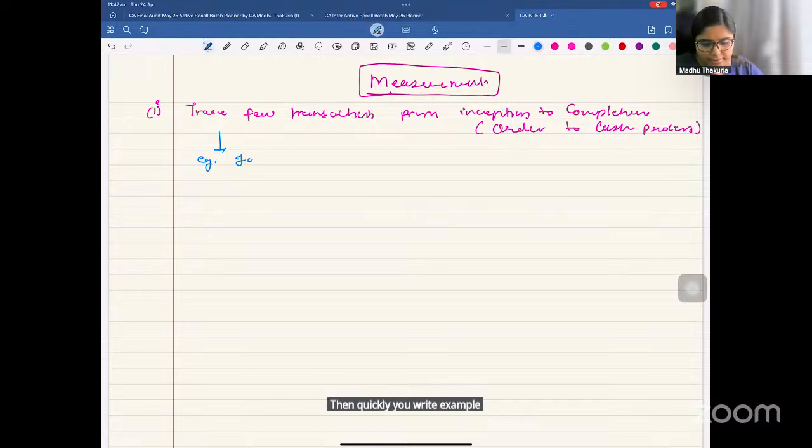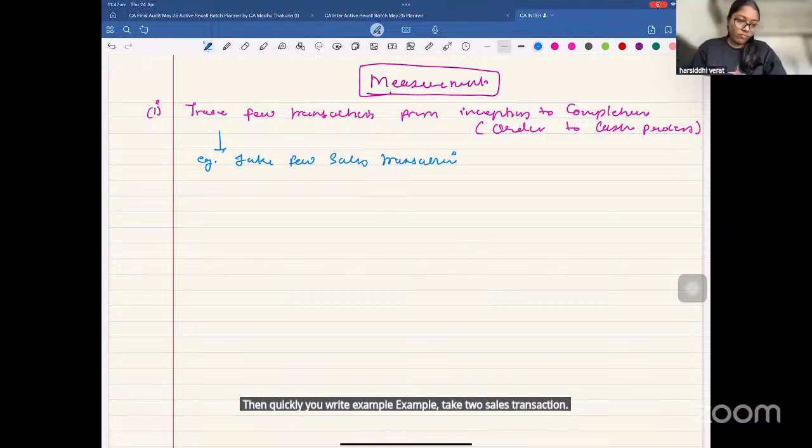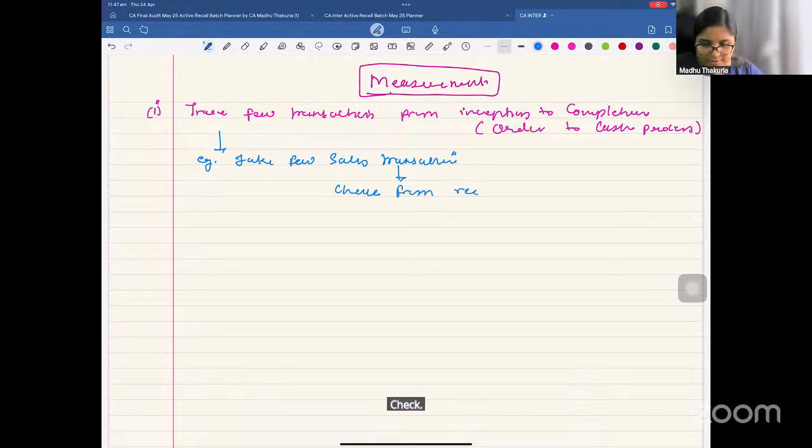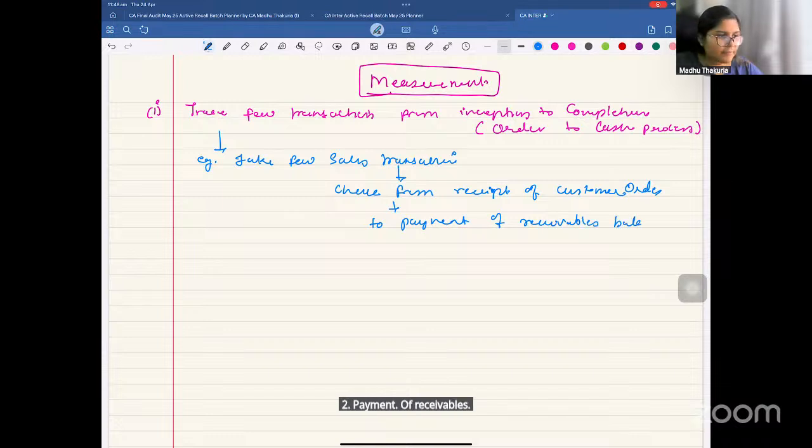Example: take a few sales transactions, check from receipt of customer order to payment of receivables balances.